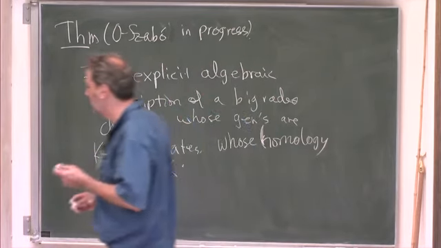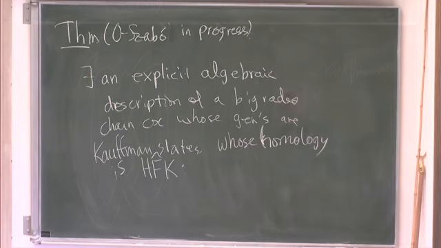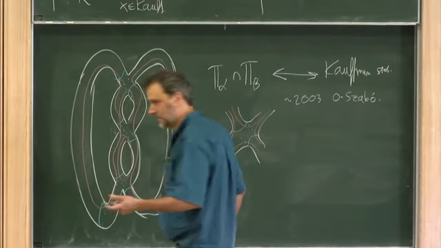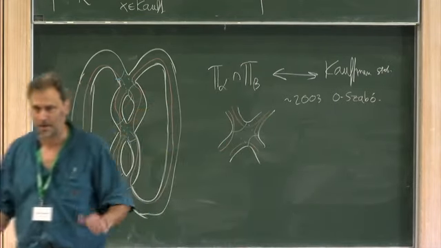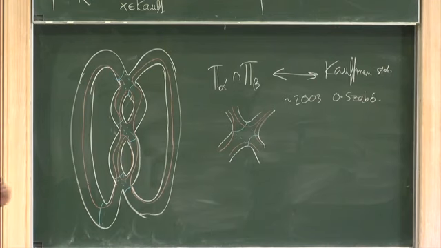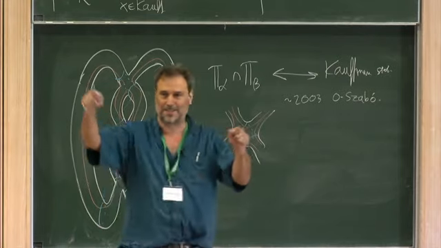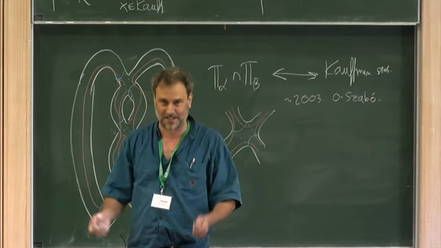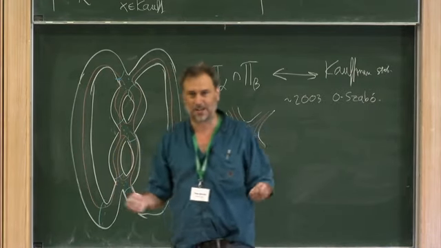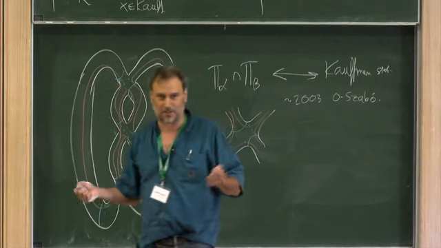I should just point out that in 2006 Manolescu, Ozsváth, and Sarkar gave another combinatorial description of knot Floer homology, where the holomorphic disks we were computing were just rectangles embedded in a torus. So they were fantastically simple. However, for an n crossing knot, there are roughly n factorial generators.